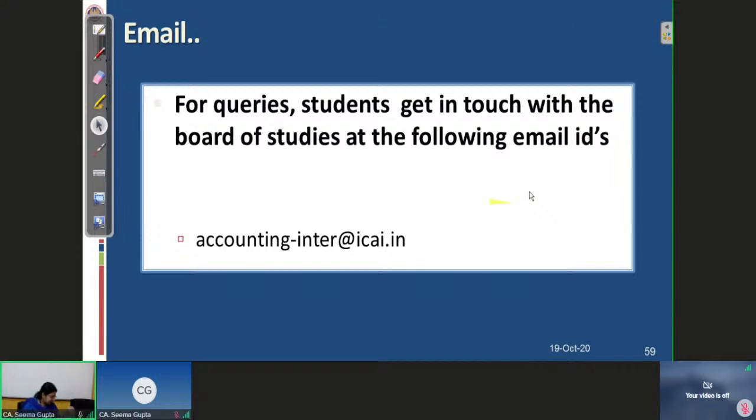This ID is specifically meant for students' queries. Whenever you send us a mail, we will definitely get in touch with you and resolve your query. I think you have noted the mail ID.